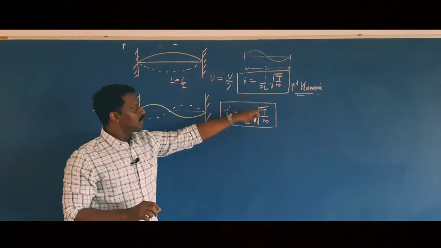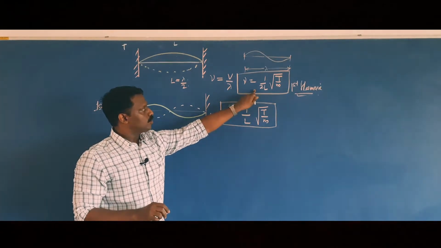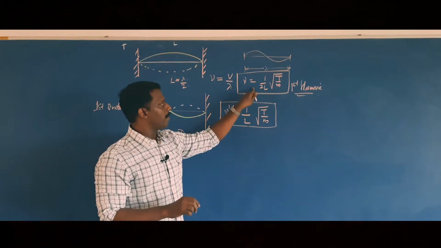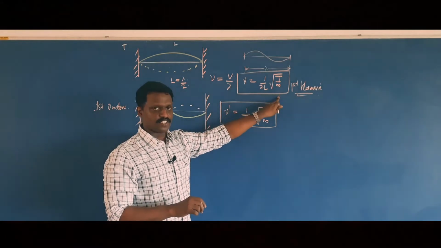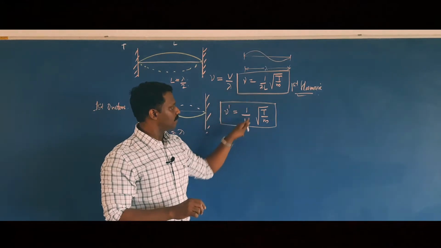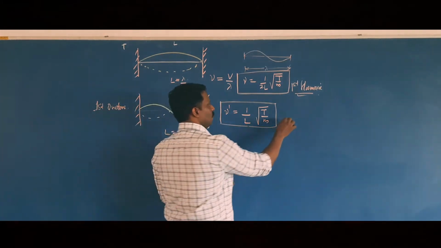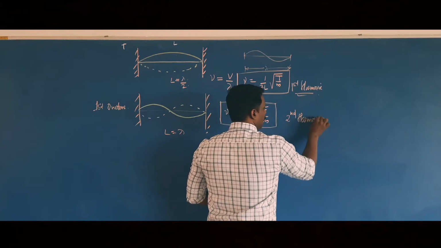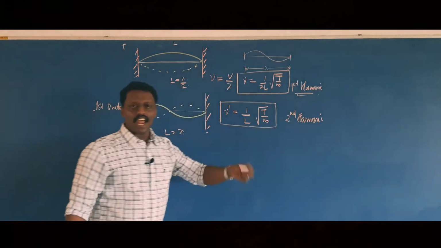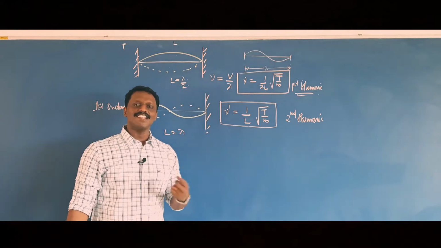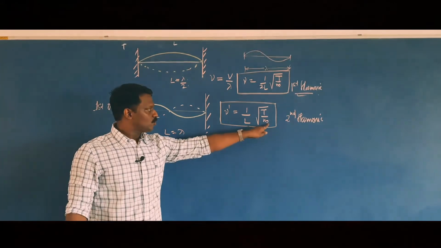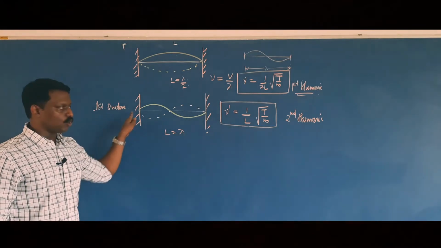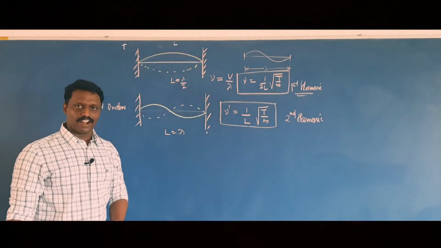We can see that the first overtone is 2 times the fundamental frequency. We will get the first overtone by multiplying the fundamental frequency, that is the first harmonic, with 2. The 2 gets cancelled and we get this equation. So this is also known as the second harmonic. N times the fundamental frequency is the nth harmonic. So 2 times the fundamental frequency is the second harmonic. So this is the first overtone and the second harmonic.